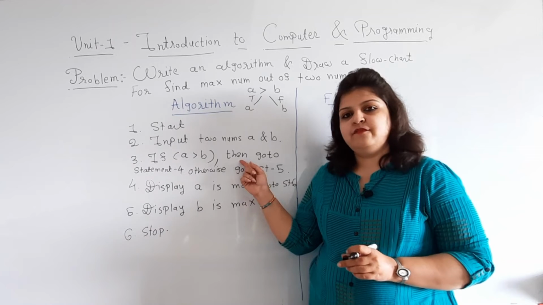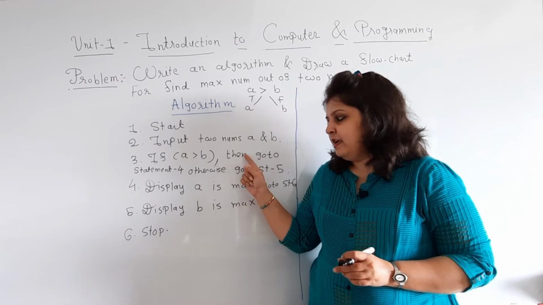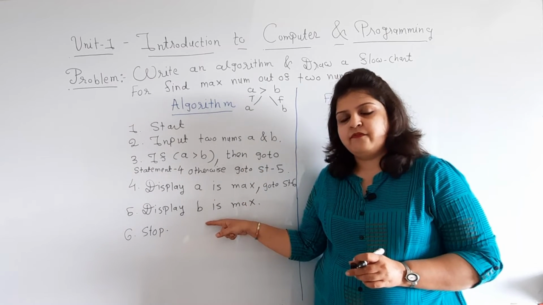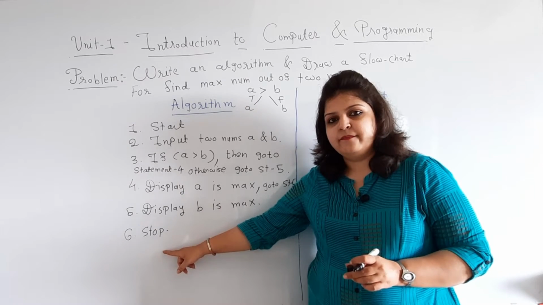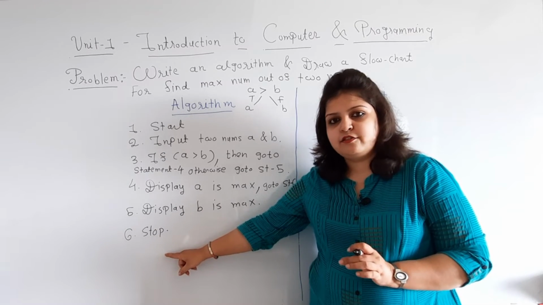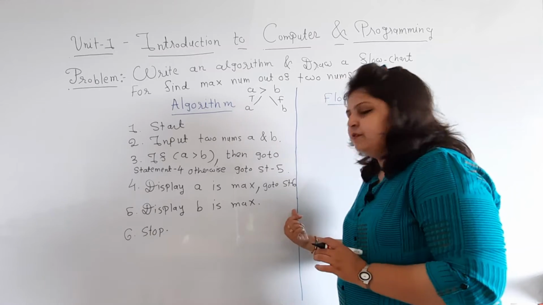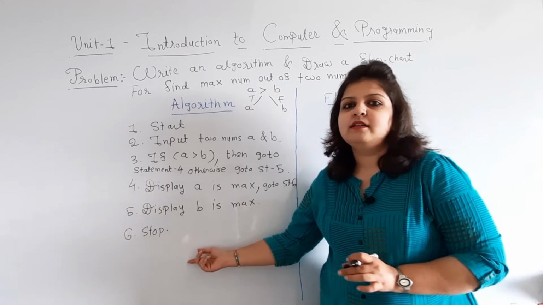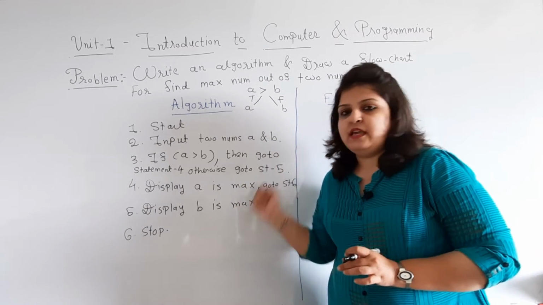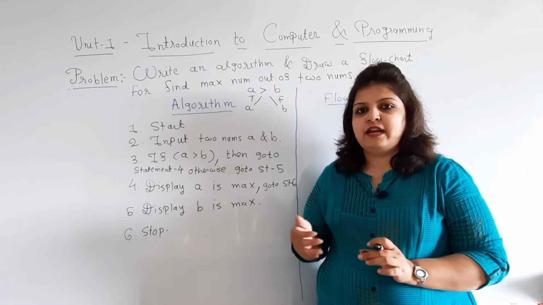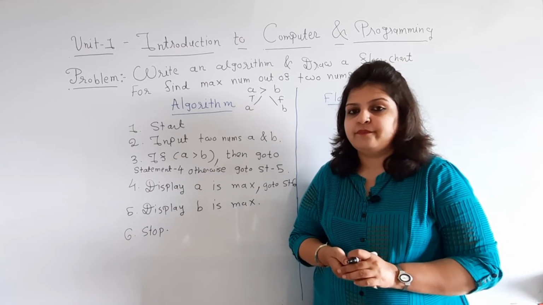And if this condition is false, then directly jump to statement number 5, and after statement number 5, our statement number 6 is stop. So here we don't require go to step number 6. In this way we can write the algorithm for any type of conditional problem.